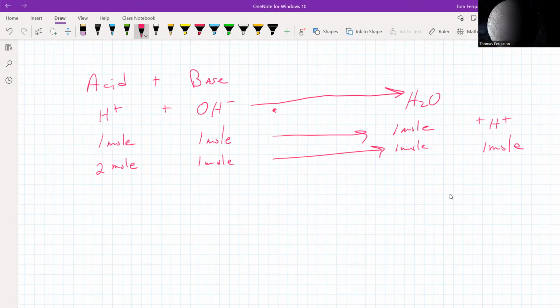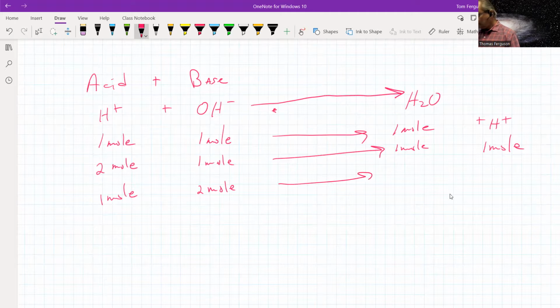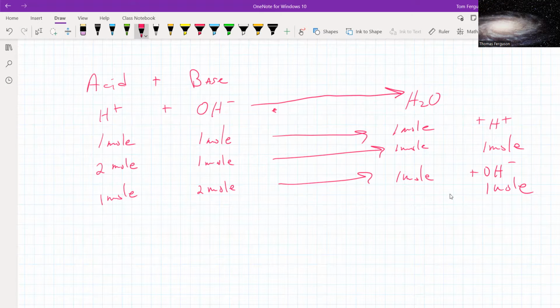And likewise, if we have excess base, we're going to end up with 1 mole of water again and excess hydroxyl ion.